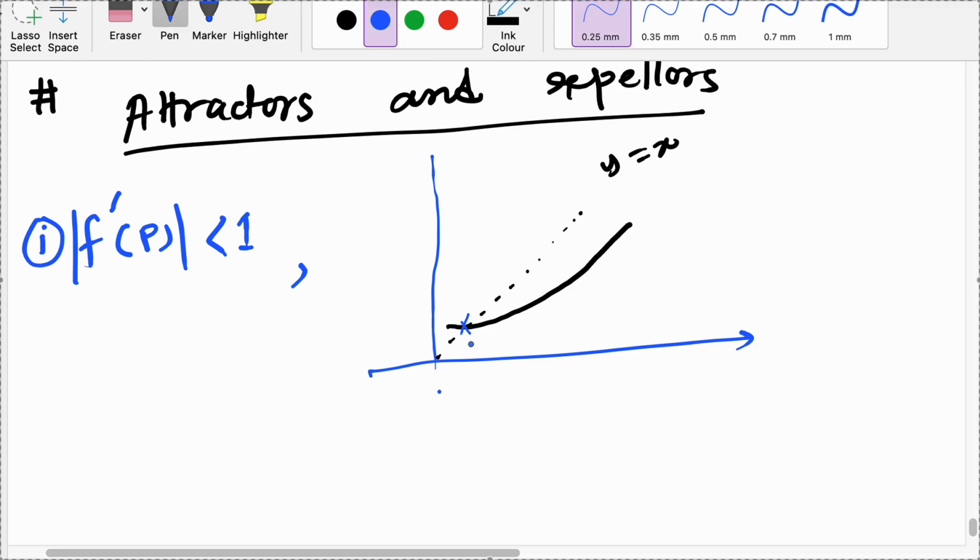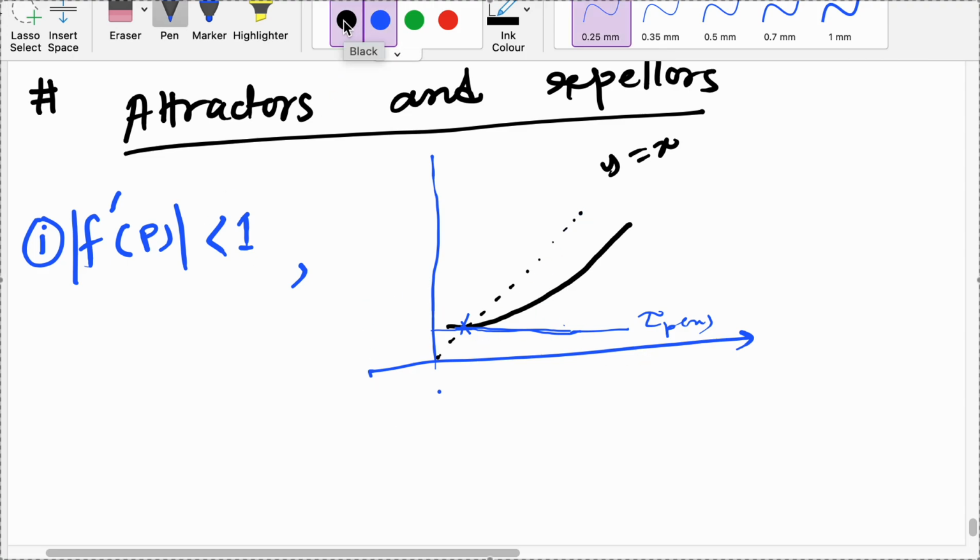If I draw a tangent at the fixed point, it will be like this. The slope of this tangent, f prime p, is less than 1, and we have shown in our previous class that if the slope is less than 1, it will always be in this region.